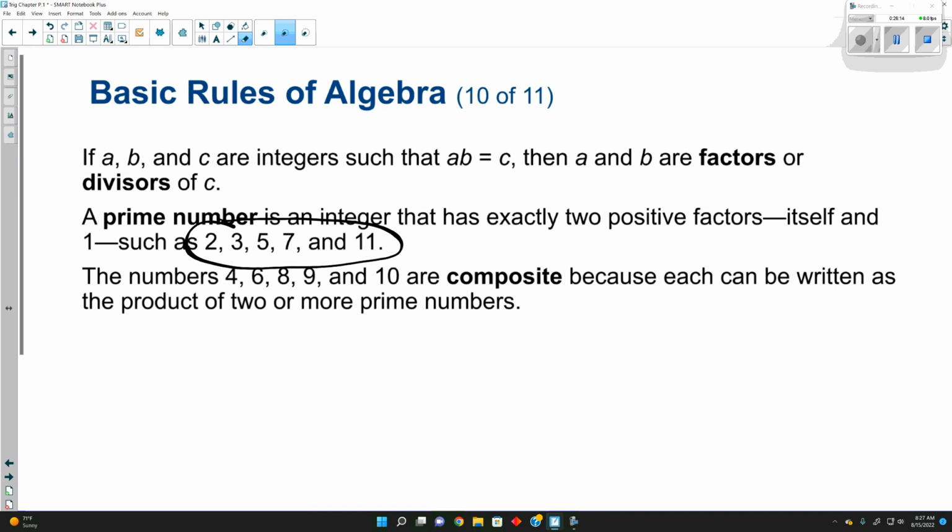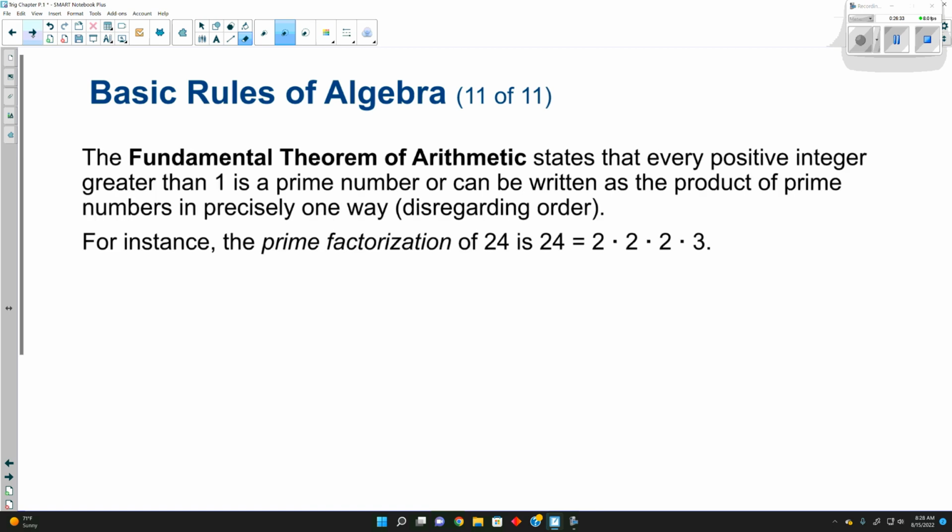So if we wrote out all the numbers between 1 and 100, excluding 1 because 1's not prime, and marked out all of their successive multiples, the only ones left would actually be the prime numbers. It's an interesting thing, but nothing too big.